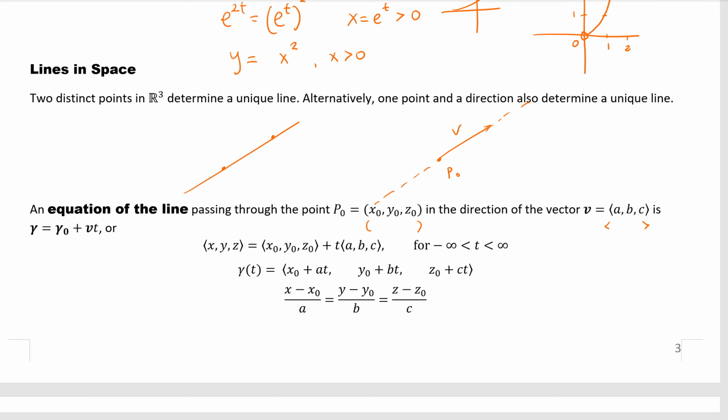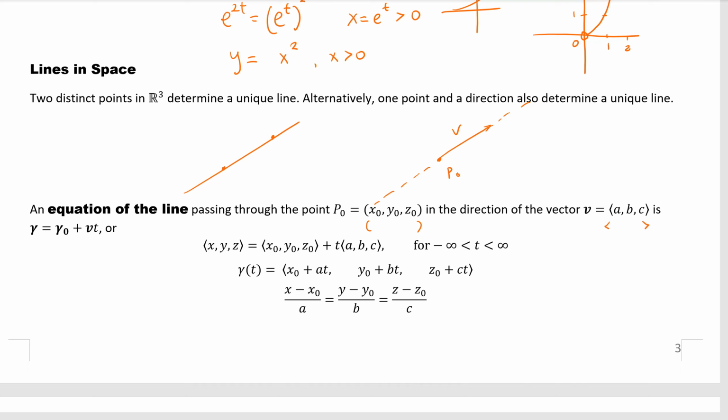Okay, so an equation for the line is gamma of t equals gamma of 0 plus v times t. So gamma of 0 is actually P0, because when you plug in t is 0, gamma is gamma 0.